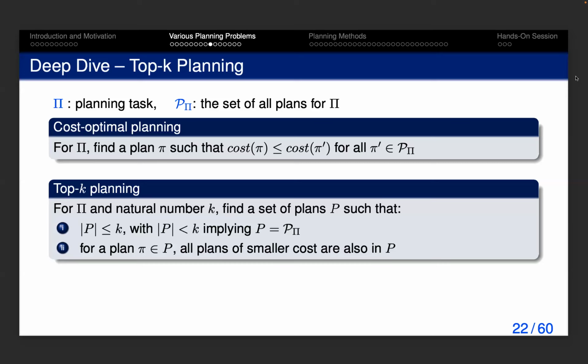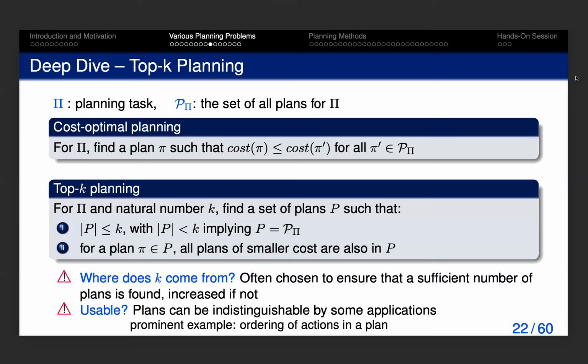Given a planning task and a natural number K, you want to find a set of plans such that if the set is smaller than K, it must be all the plans for the planning problem. Otherwise, there should be no plan outside of the set that has a smaller cost than a plan inside the set. So far, so good?